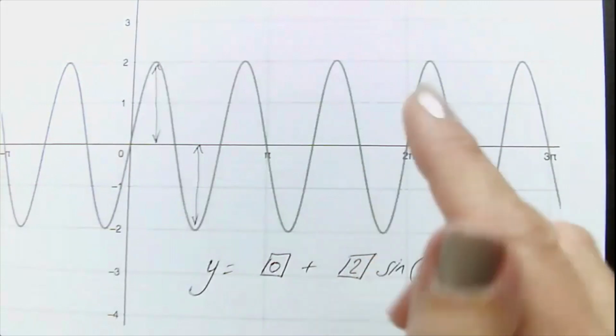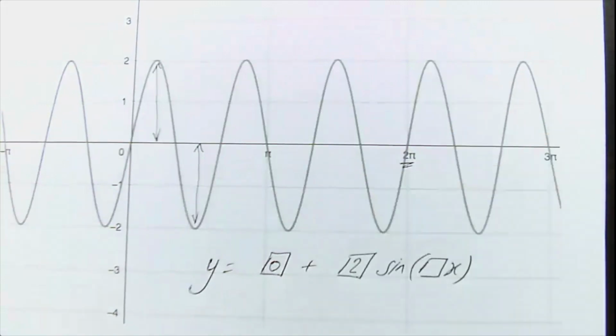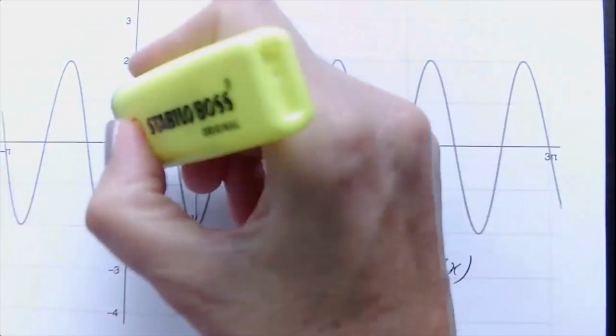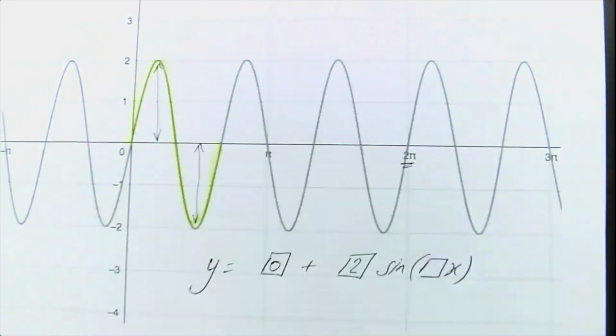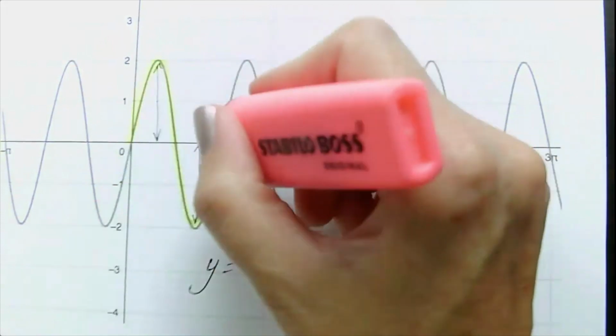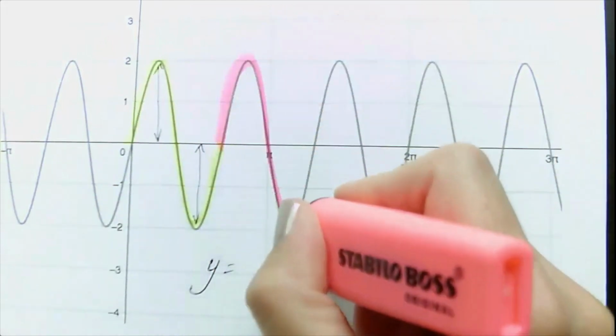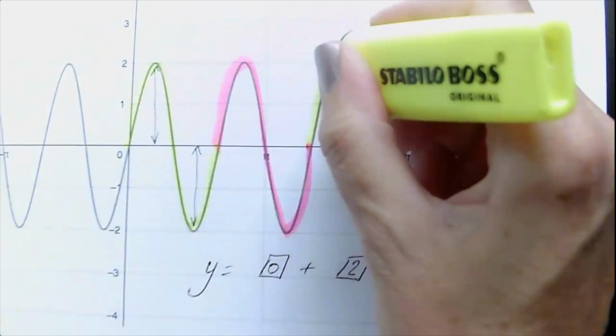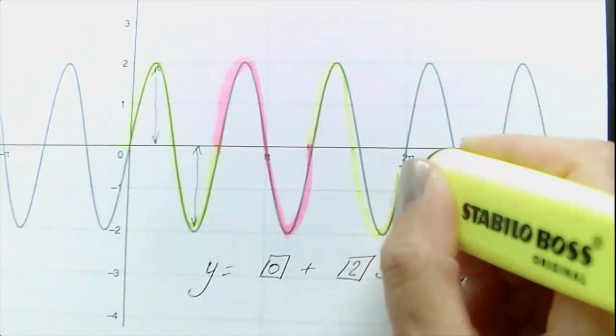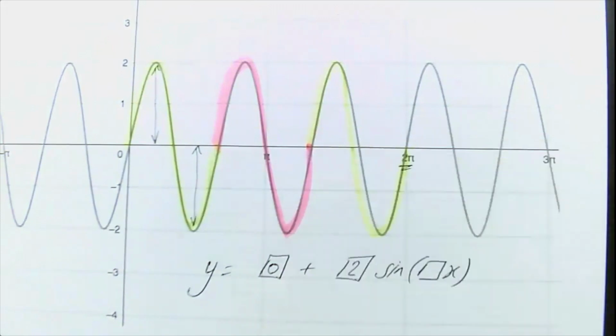Okay, so there's 2 pi, my original. How much of that sine horizontal S shape do I have? There's 1. There's 2. And there's 3. So I have 3.